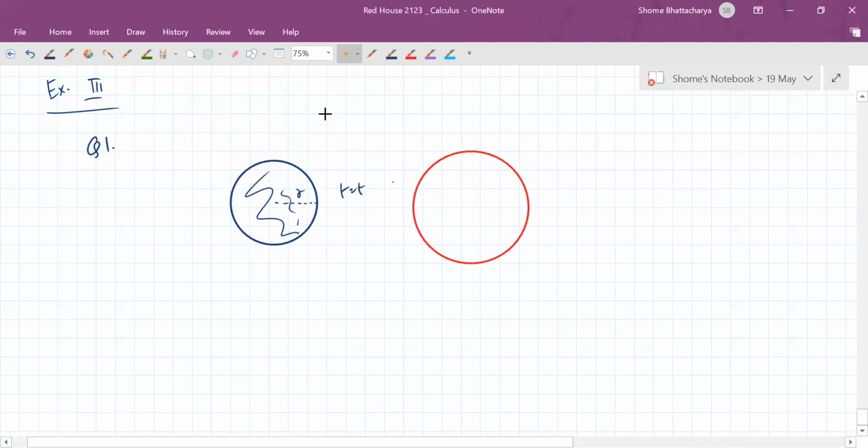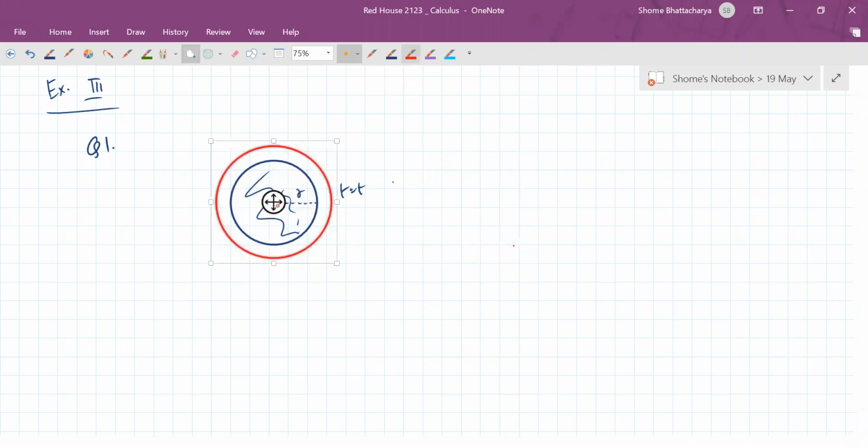So it's become a larger disk. Okay. So let's say now the radius is increased to r plus dr at time t plus dt. Okay. So you can see the area is increased by this much.